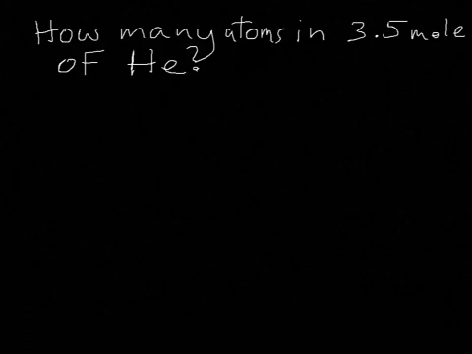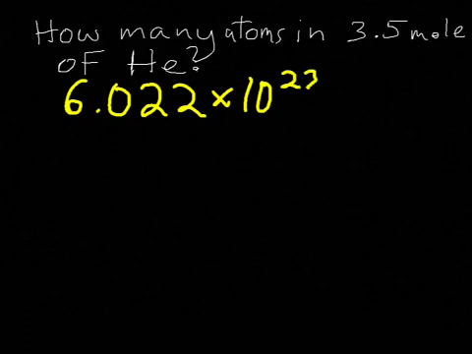This system also works if we need to go from moles to atoms. But in this case, we will use Avogadro's number of 6.022 times 10 to the 23rd atoms for every mole. The question asks, how many atoms in 3.5 moles of helium? Step 1.